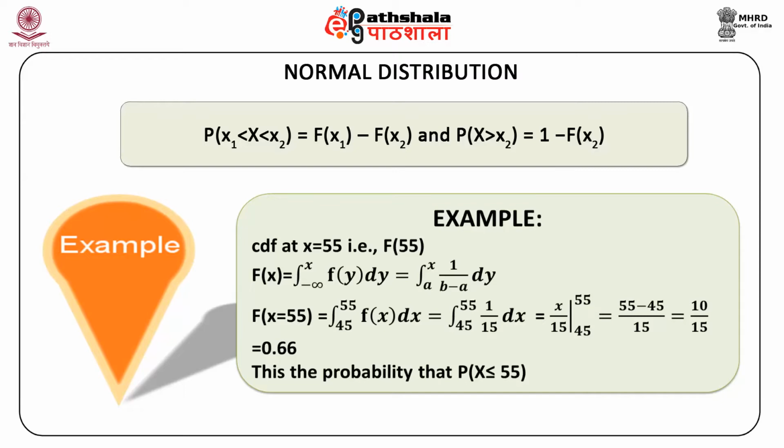F(x) at x equal to 55 is equal to the integration from 45 to 55 of f(x) dx, which is equal to the integration from 45 to 55 of 1 divided by 15 dx, which is equal to x divided by 15 from 45 to 55, which is equal to (55 minus 45) divided by 15, which is equal to 10 divided by 15, which is equal to 0.66. This is the probability that x is less than or equal to 55.